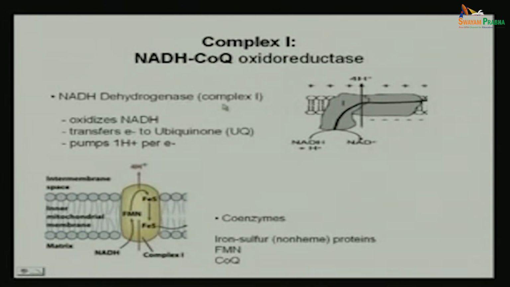Now if we see the structure of this particular enzyme, it has two arms. One is the hydrophobic horizontal arm which is buried inside the membrane, and the other, vertical arm contains the peripheral membrane proteins of the complex, which is projected towards the matrix.